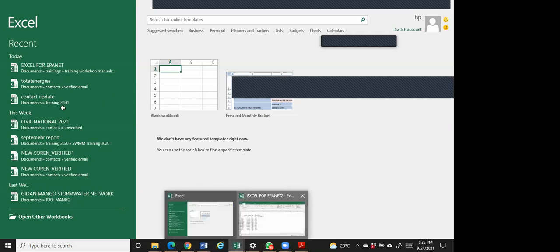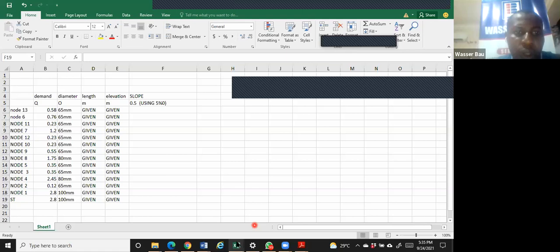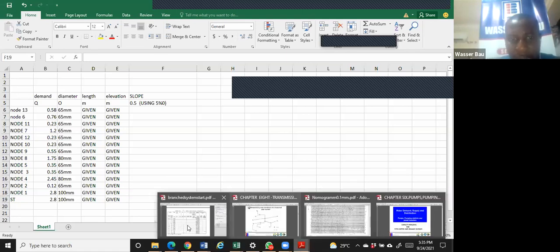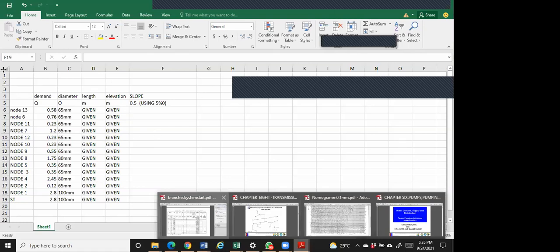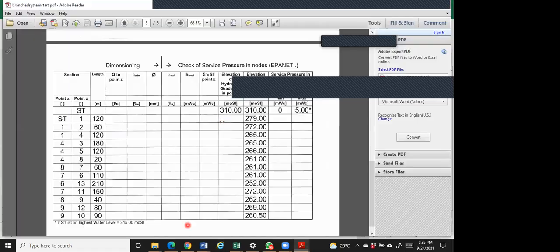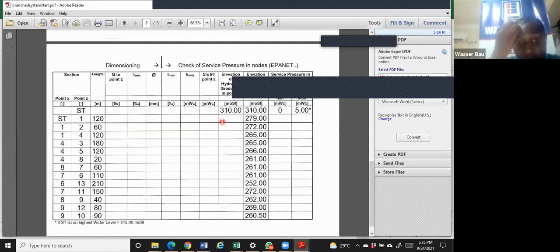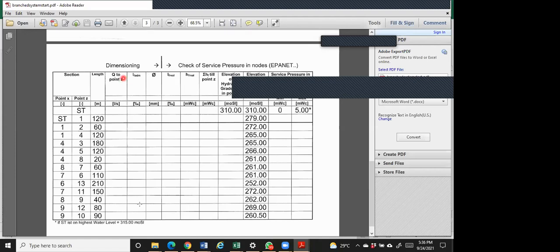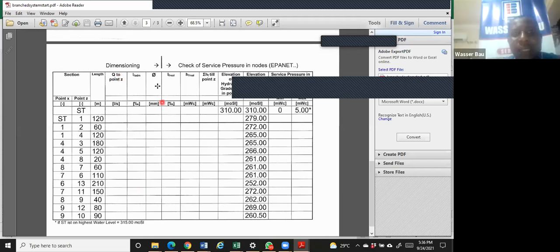So I've shared this with us. Tomorrow, one assignment I'll have for us is that when you get back home, try to develop this in Excel. I think I've developed one before, but I can't find it. Get this in Excel and fill in the discharge, the slope, then the diameter. You can leave the rest; the rest is like what we taught yesterday.